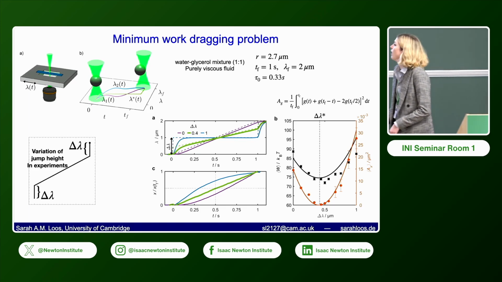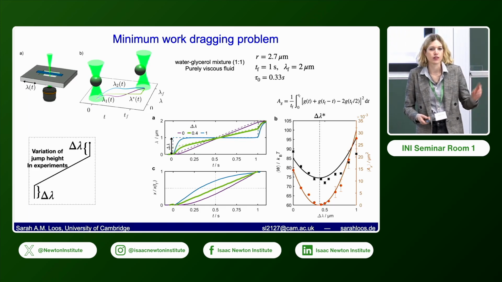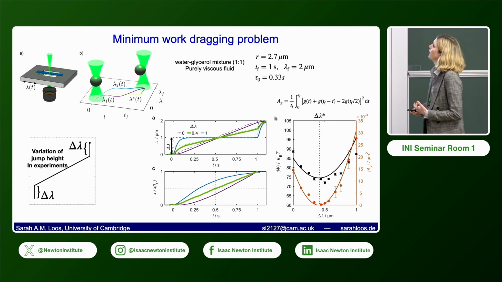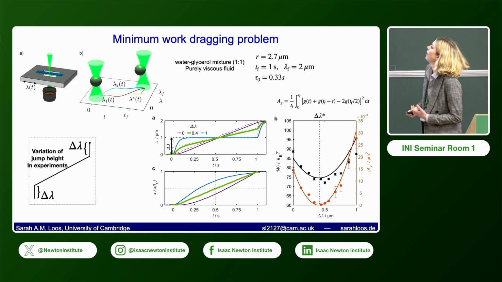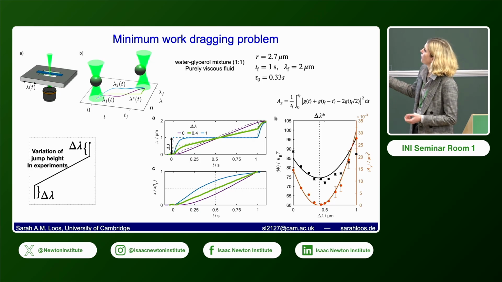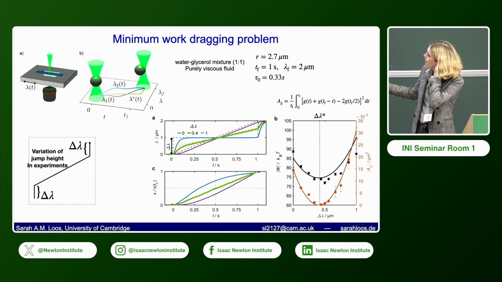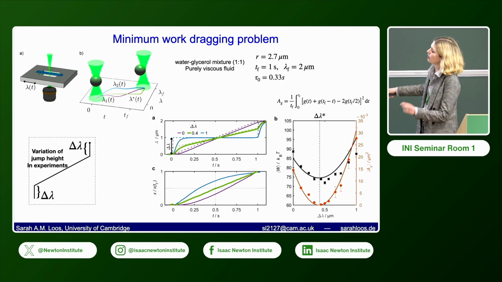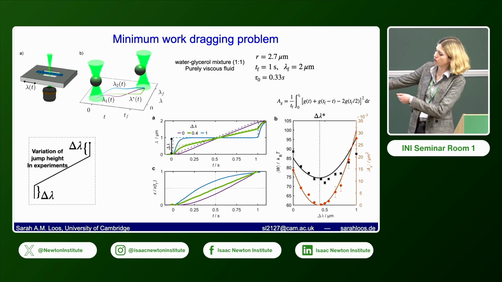Okay, so this problem was already also solved in this paper by Udo Seifert from 2007. We just repeated this, and my experimental collaborators realized this now in an experiment and checked whether this could be reproduced by colloids in optical traps. So we have an optical trap with a colloid, and instead of really moving the trap, what they do is they move the fluid.